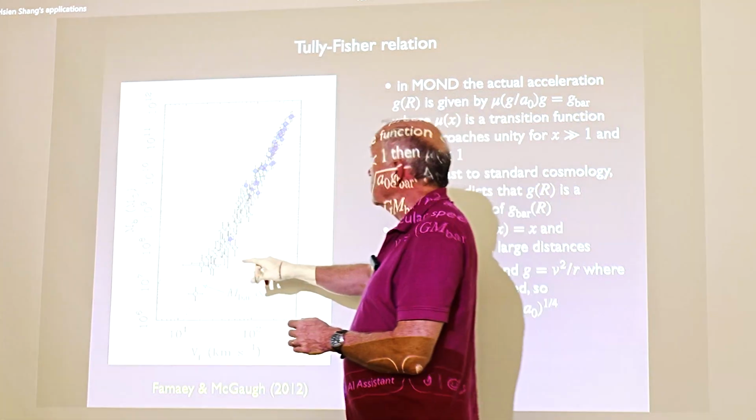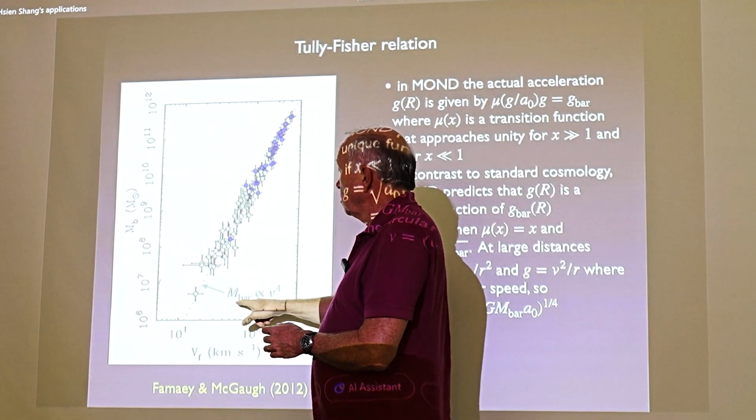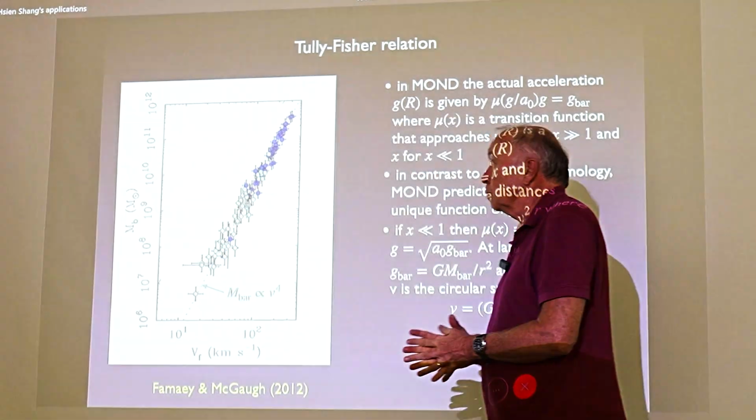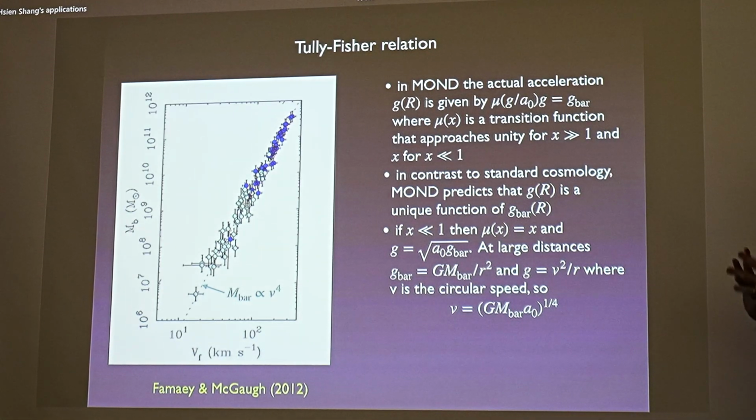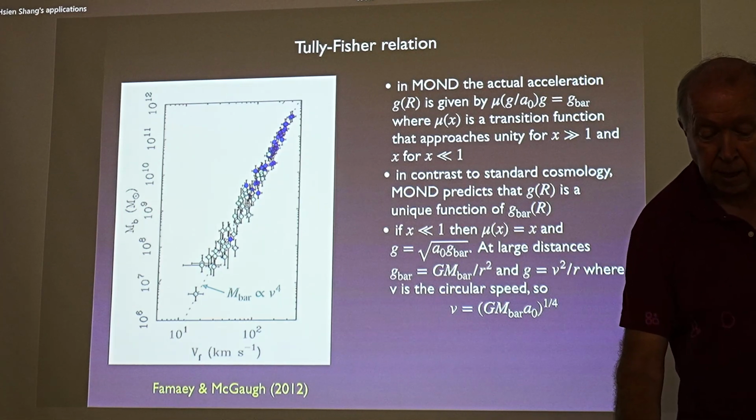And you can see that it's extremely well fit by the prediction of MOND. And once again, in dark matter cosmology, this is a feature that emerges from the details of star formation in dark matter halos, but it's not really a feature that's predicted in dark matter cosmologies.